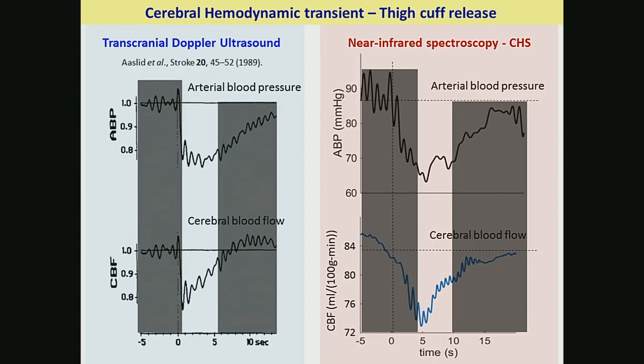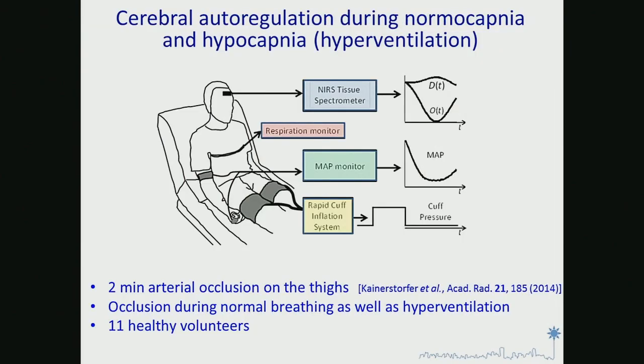So, continuing on this line of thought, on this kind of perturbation and the useful 5-second window to study cerebral autoregulation, we have performed a study on healthy subjects. Again, the blood pressure perturbations were induced by cyclic inflation of thigh cuffs.